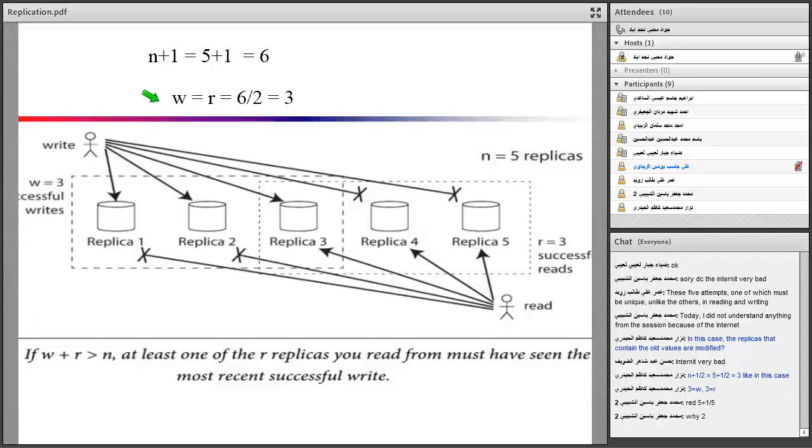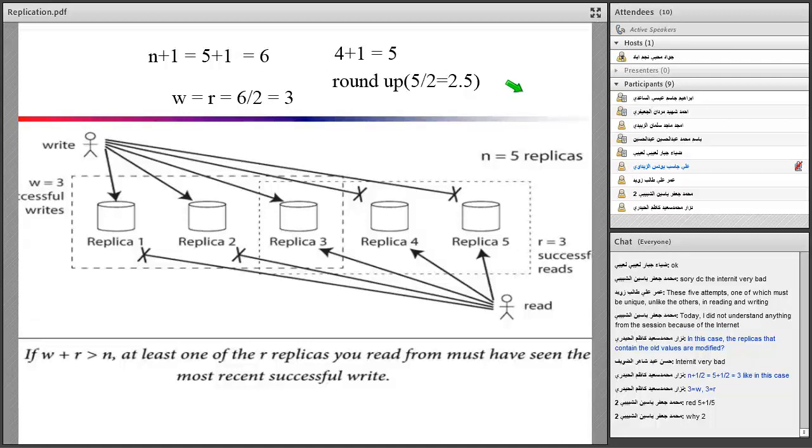If the number of replicas instead of 5 is equal to 4, for example, if we have 4 replicas, again when we want to calculate the quorum read and write, we must use this formula. 4 plus 1 is equal to 5, and after that we need to round up. 5 divided by 2, we know it's equal to 2.5.